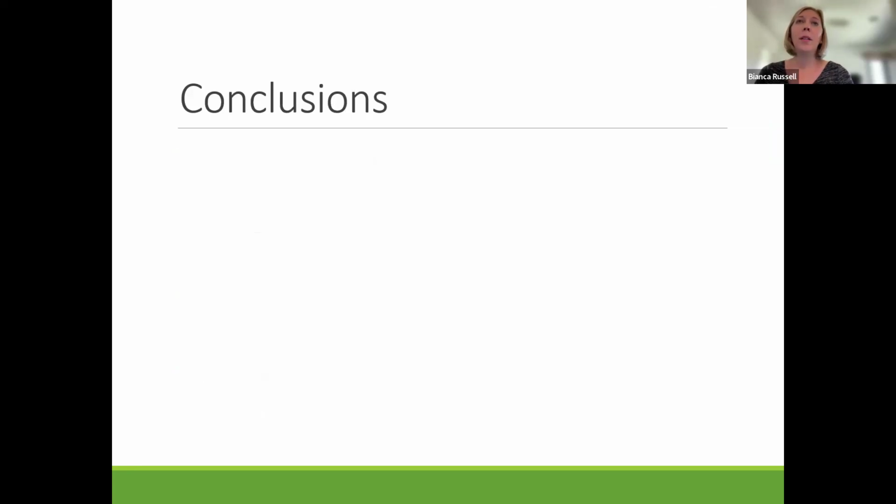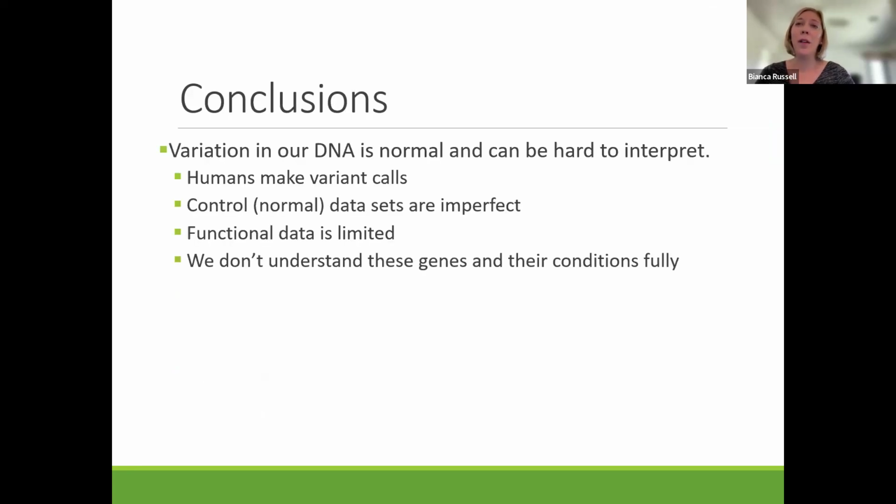Okay, so pulling it all together, covered a lot of ground, but a few big take-home points. Really important that you understand that variation in our DNA is normal. So it's normal to have genetic changes, and it's quite possible to get a genetic change reported on a genetic test that can absolutely be a normal or benign finding, and we just don't have enough information yet.